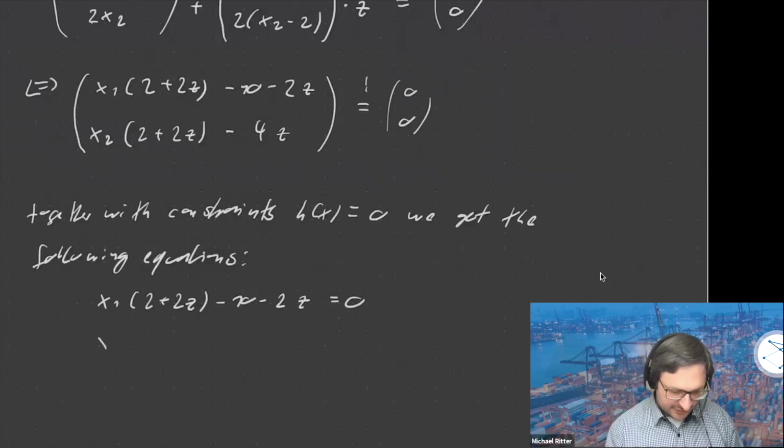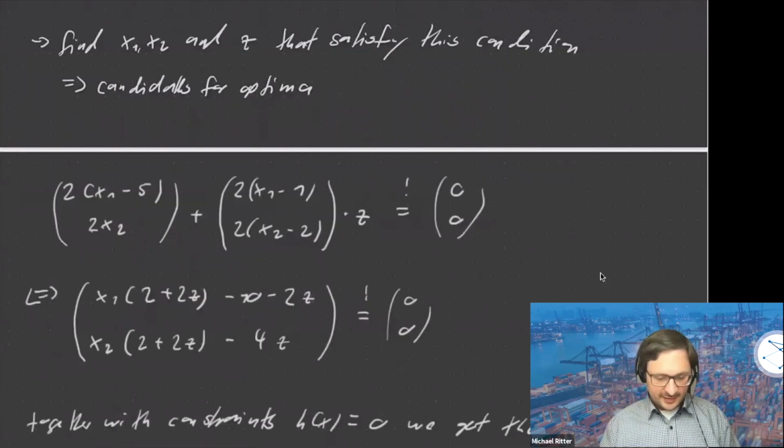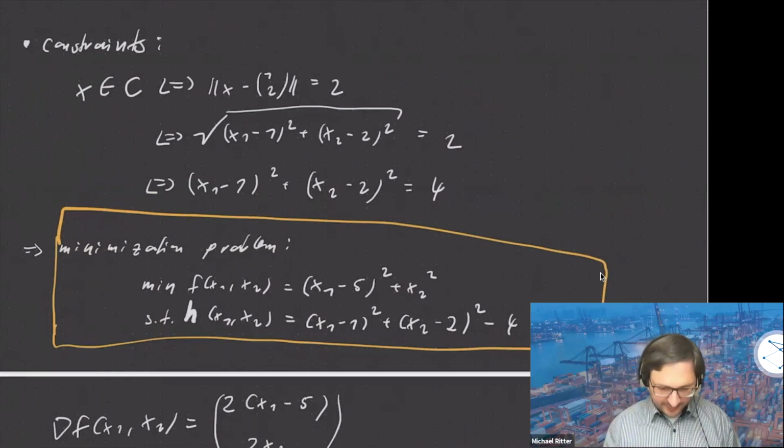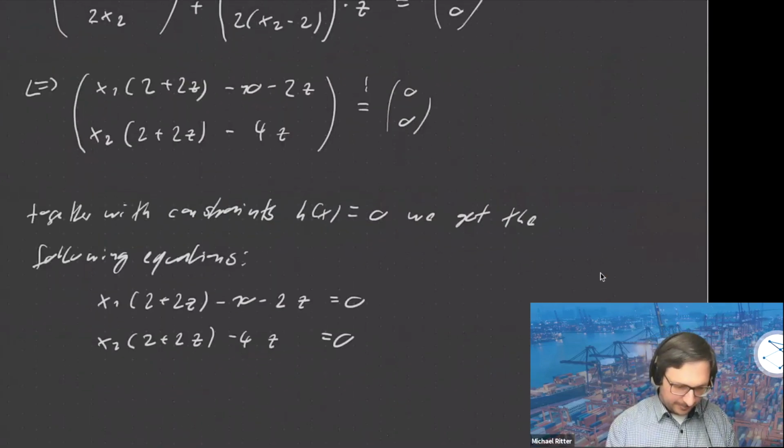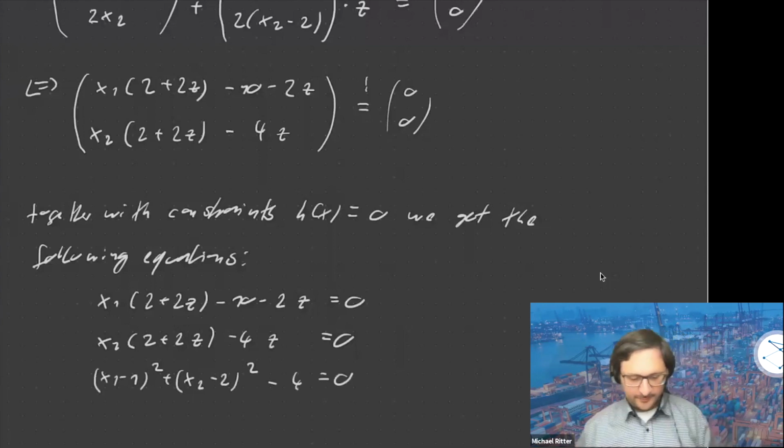Second equation is x2 times 2 plus 2z minus 4z is 0. And the third is the actual constraint. Remember that constraint was this here. So we need to write that down as well. That is x1 minus 1 squared plus x2 minus 2 squared minus 4 equals 0.